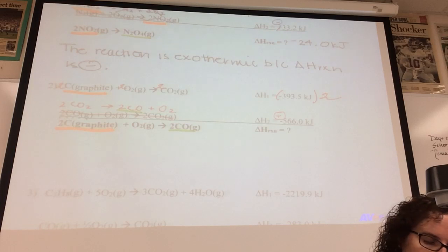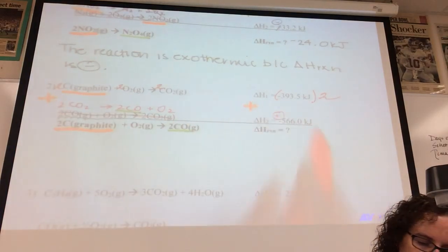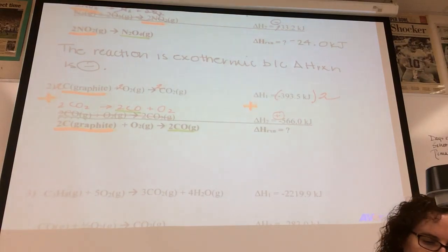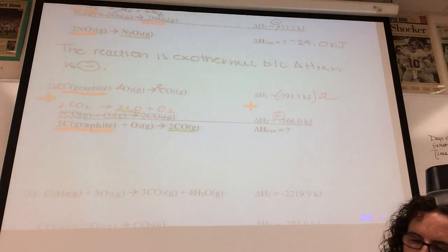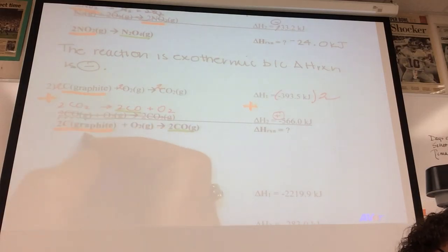And then Hess's law says if you can sum the equations, you can sum this. Let's make sure we have the correct cancellation. I've got the graphite. The 2 CO2s cancel. I've got the carbon monoxide.